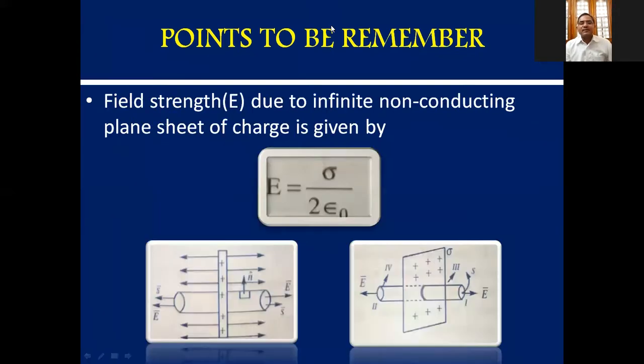Here E is inversely proportional to r. One more point: the field strength due to an infinite non-conducting plane sheet at a near point is E equals sigma by 2 epsilon naught, where sigma is the surface charge density and epsilon naught is the permittivity of free space.